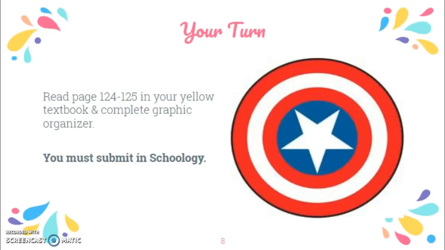There are hard copies for all of you, and I would like all of you to do a hard copy. I don't want there to be any confusion with iPads dying or information getting deleted. I want the hard copy completed. When you are done with your work, I would like you to take a picture and submit it in Schoology.